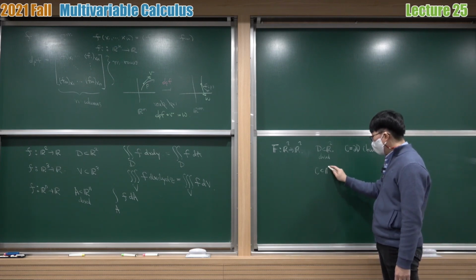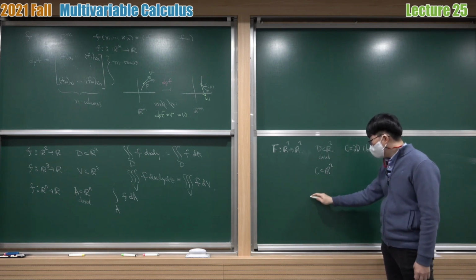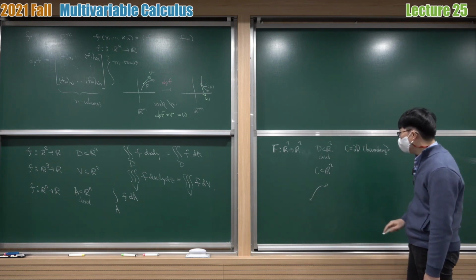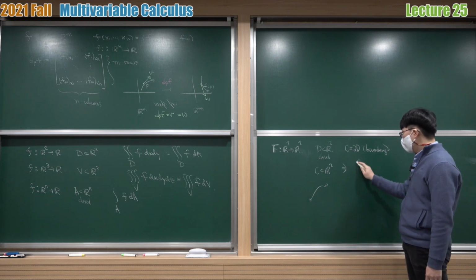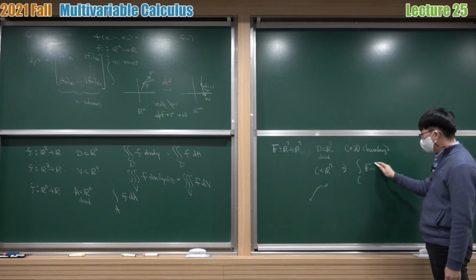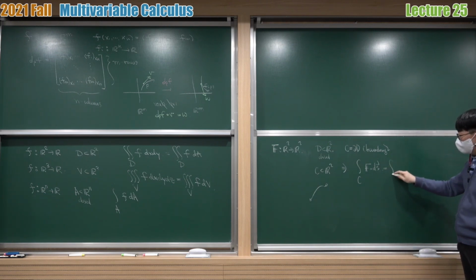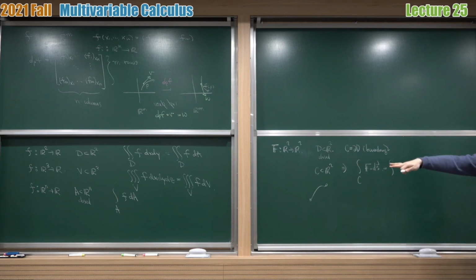If you have any not closed curve, just an open curve like this one, then you can define a line integration along the curve C. And how you define this is going back to the definition of a single variable function.